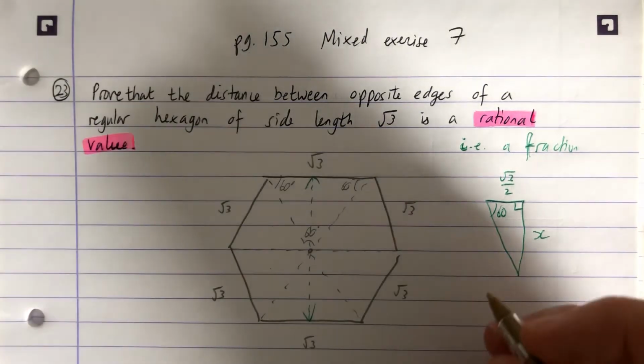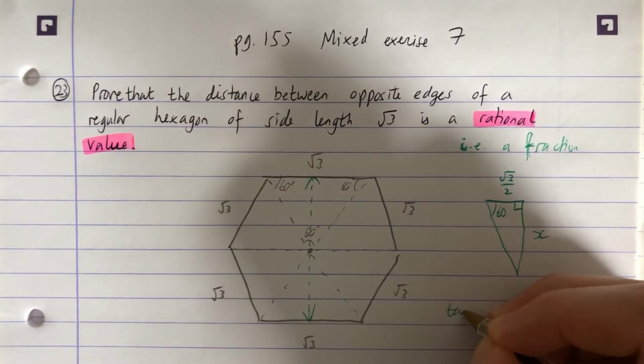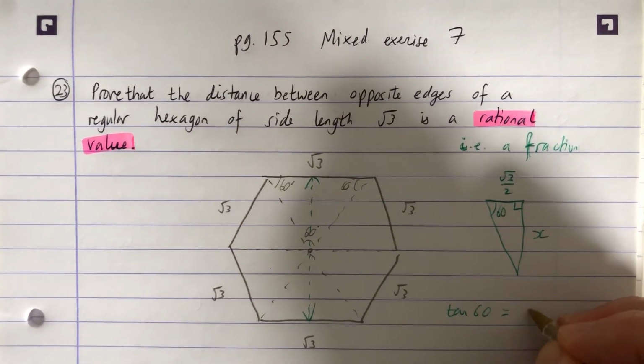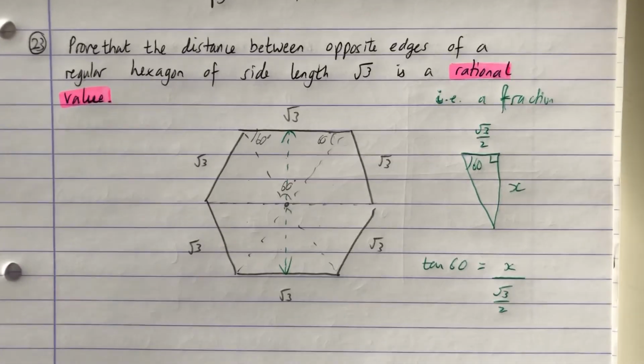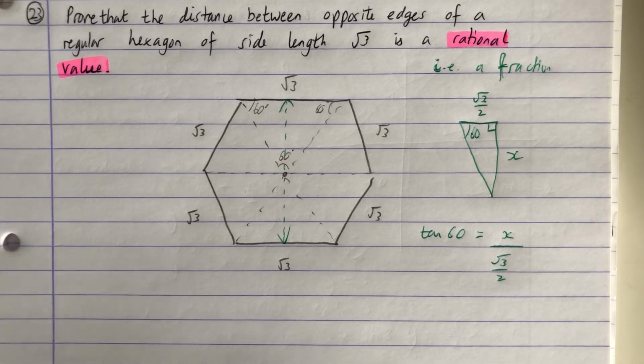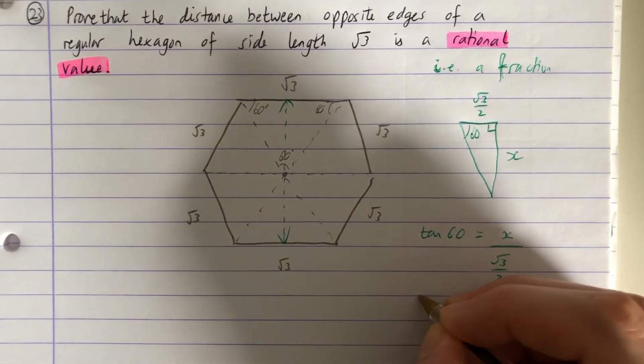And then if you used simple trigonometry to work out the opposite, you would get tan 60 equals x over √3/2. You should know what tan 60 is, but if you don't, your calculator will. So that is √3.